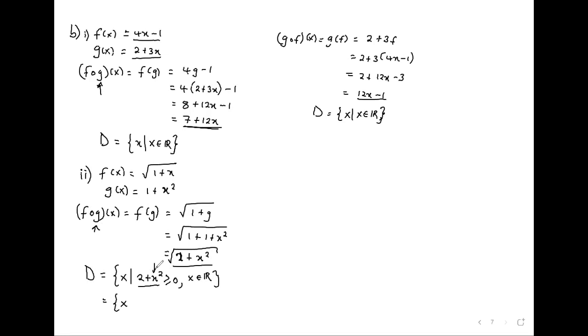That's when you add it to the positive 2. So meaning that it is also requiring just all real. So that becomes our domain. So what I mean there is that for any value of x, say negative 10, it will be 2 plus negative 10 squared. So it will be 2 plus 100, meaning 102. So the value will always be bigger than 0.